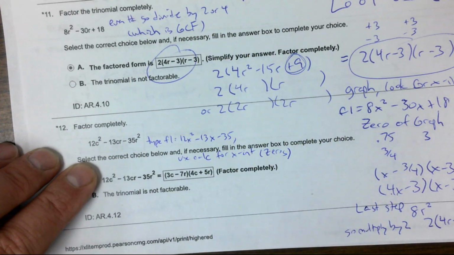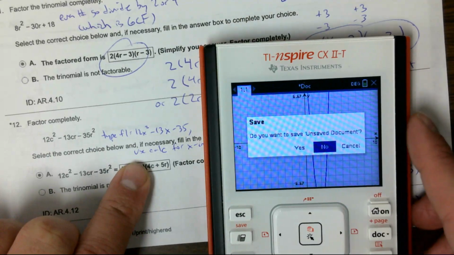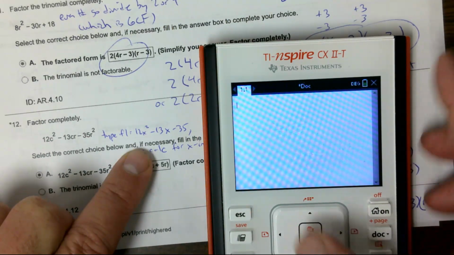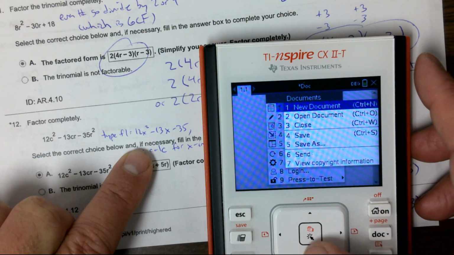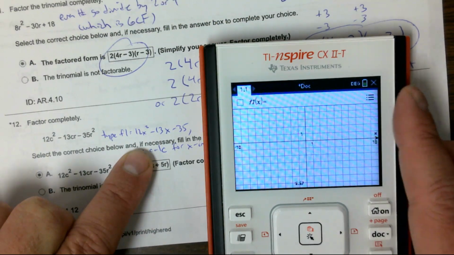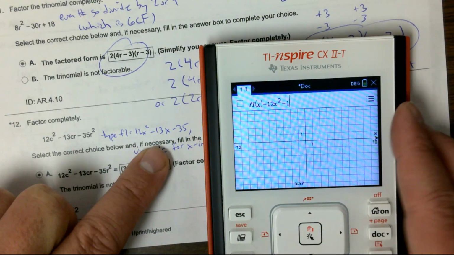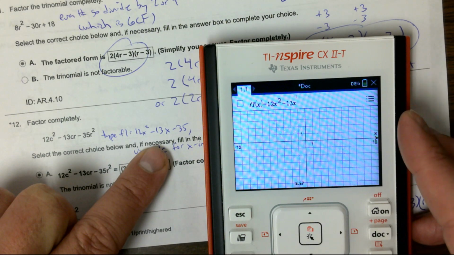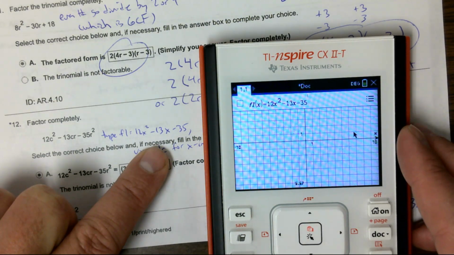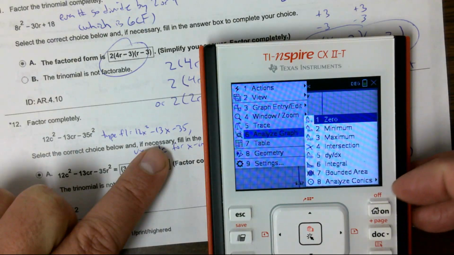So if you follow this, you're going to do 12, whoops, I needed to do my graph. 12x squared minus 13x minus 35, enter, and then zero of the graph.